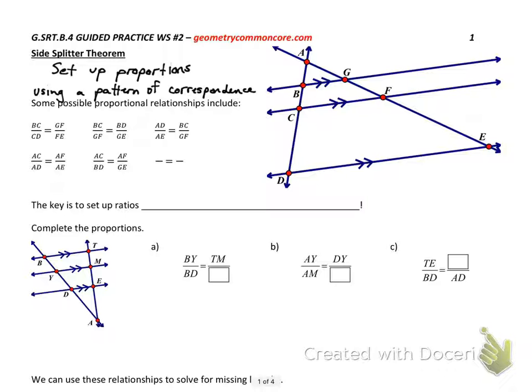Okay, so let's look at this diagram on the right, and at the proportions that are already set up. These are set up correctly, so we're just going to pay attention to what's going on. In the very first one, I've got BC over CD equals GF over FE.